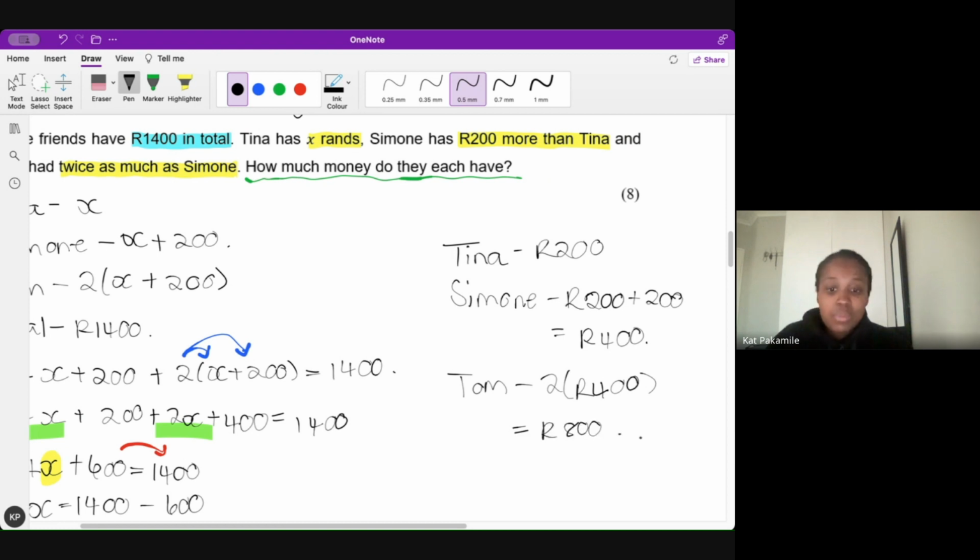Do these all add up to 1,400? My amounts, they have to add up to 1,400. Otherwise, we have made a mistake. Okay, guys. Are we with me?